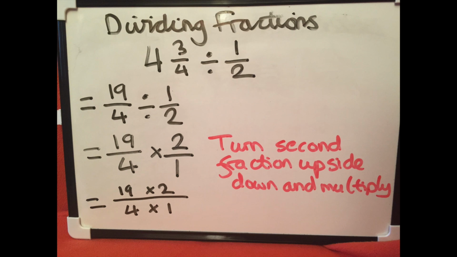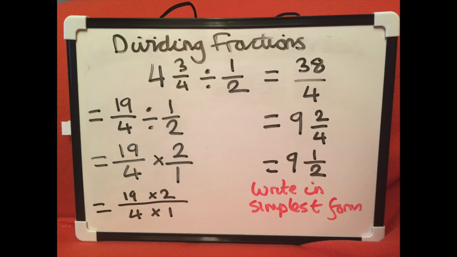We have to turn our second fraction upside down, and then we can multiply our numerators and then our denominators to get the fraction, which we will need to simplify. We have 38/4, which becomes 9 2/4, or in its simplest form, 9 1/2.